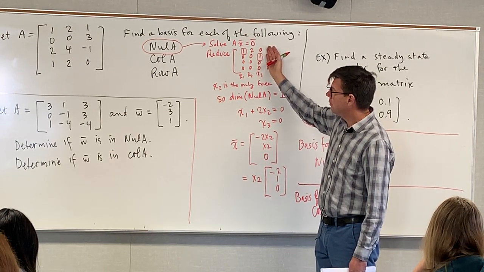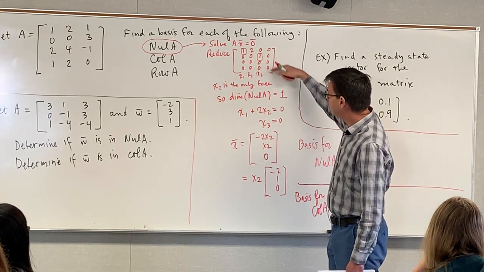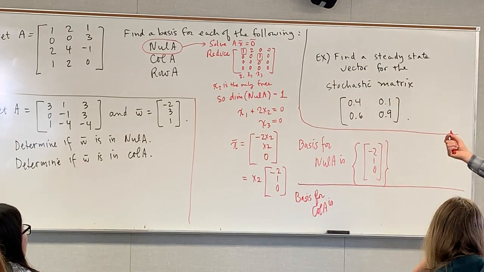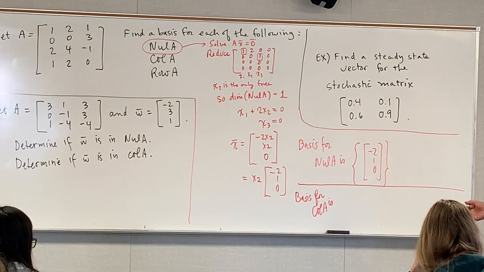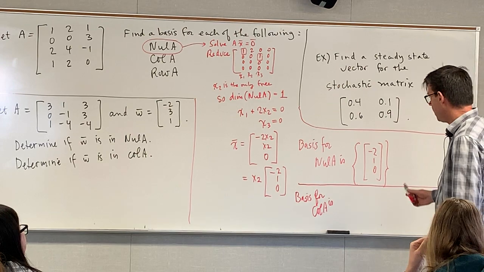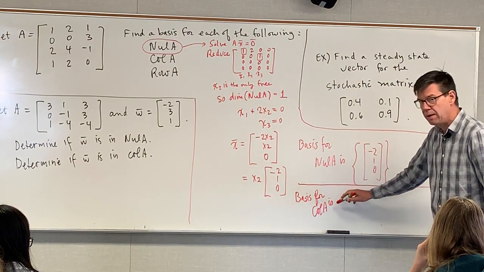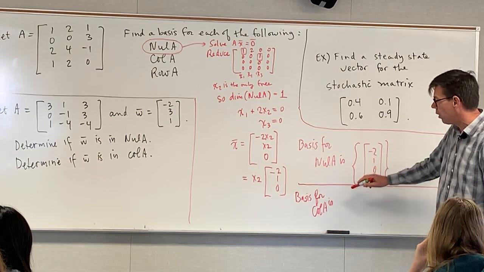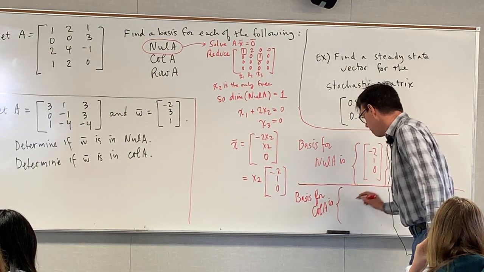The n for A here is 3, all right? I just like to write the zeros on the end because that's what we always did when we were solving AX equals B. And so I know the dimension of the null space plus the dimension of the column space has to add up to 3. So as soon as I know the basis for the null space has 1 vector, the basis for the column space has to have 2 vectors.